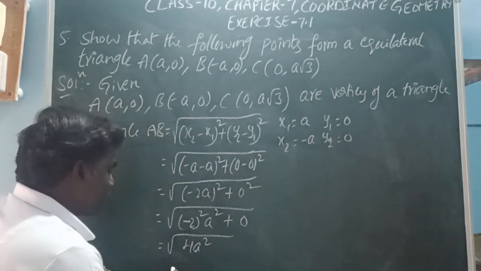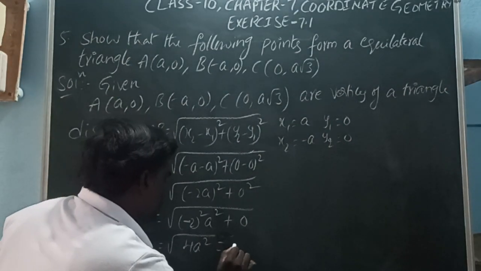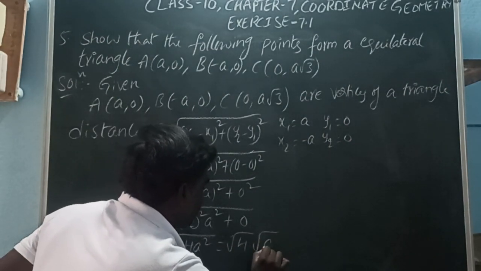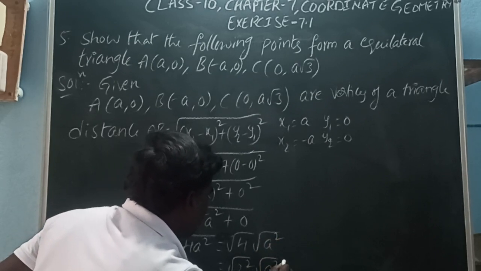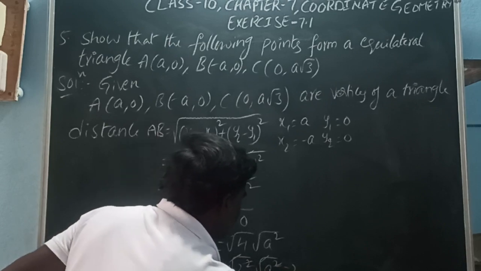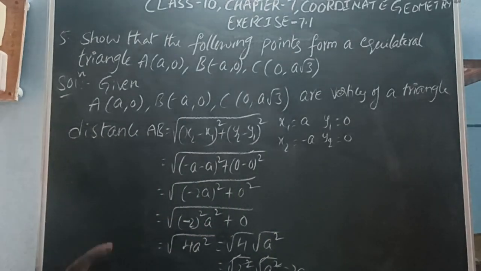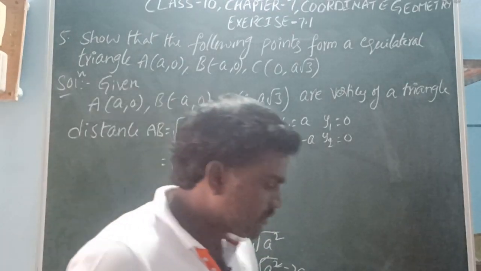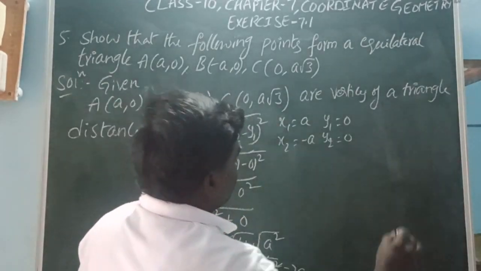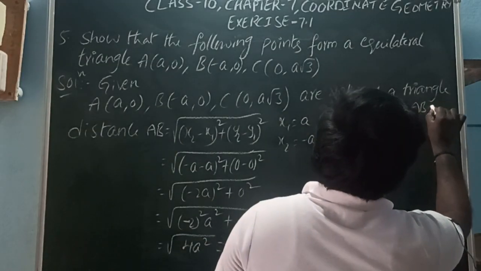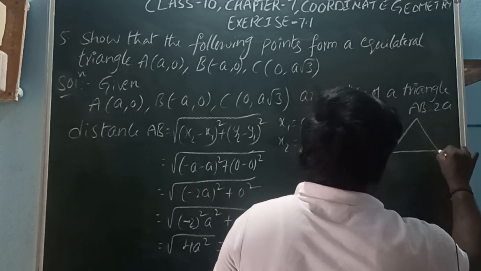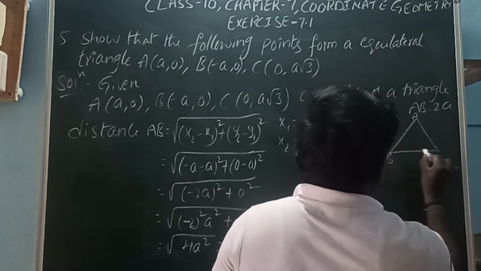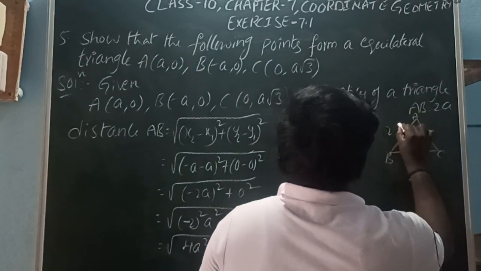So here square root 4 into square root a square. Square root 4 you can write as 2 square, a square. Square root cancel, that is 2a. So the distance AB is how much? 2a. So the side of triangle ABC is 2a.